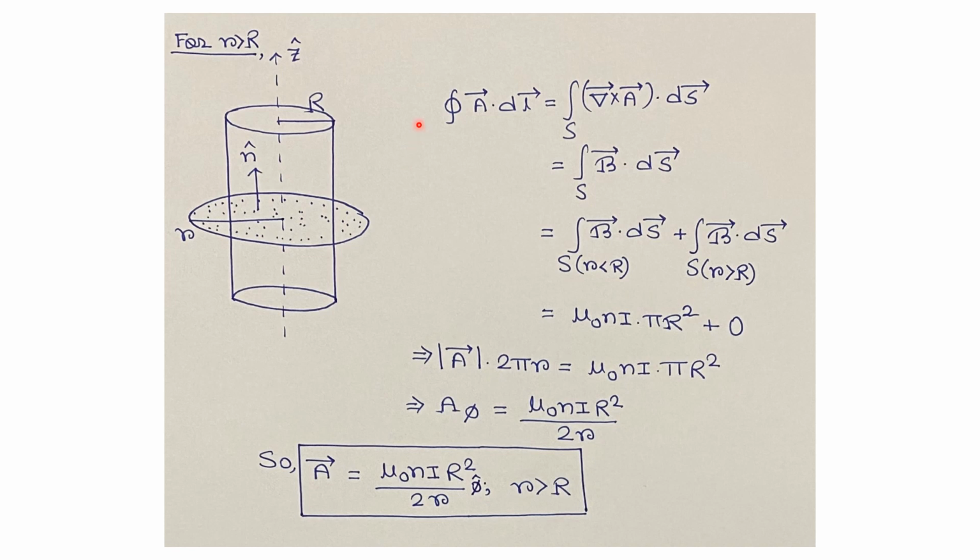And for the closed path integral of the A vector, this will be mod of A multiplied by 2 pi r. So our vector potential will be mu naught N I capital R square by 2r, and in vector form this will be mu naught N I capital R square by 2 small r along the phi cap direction.